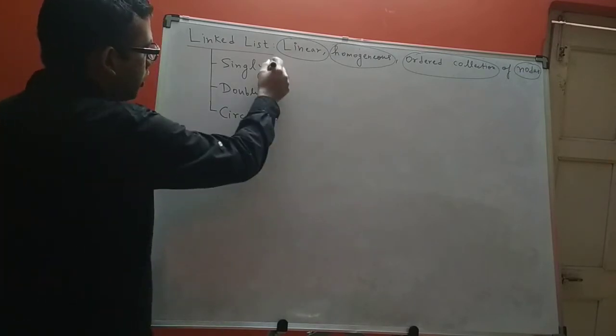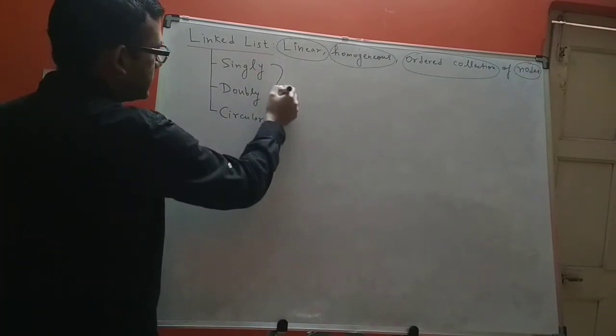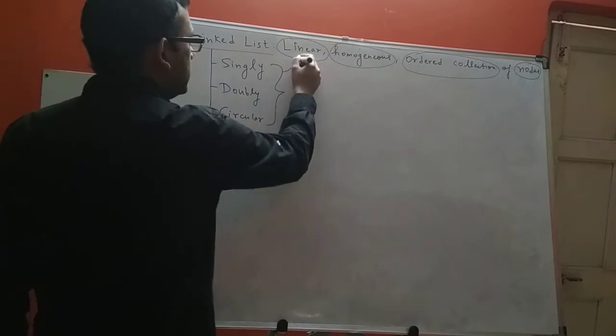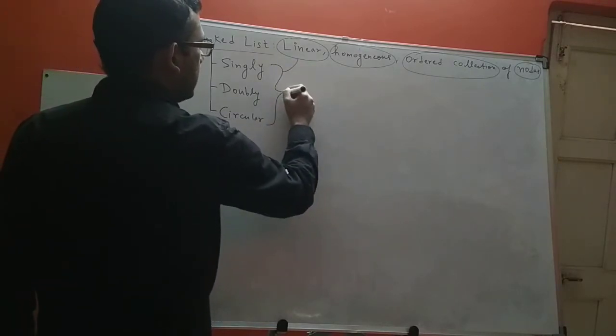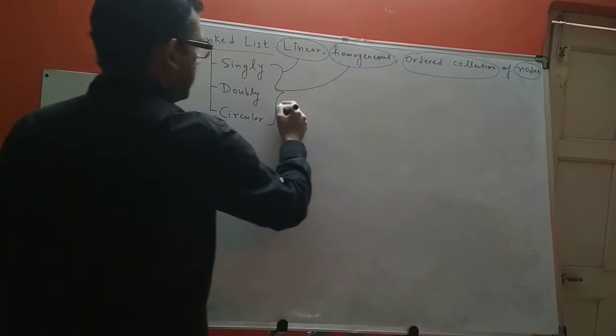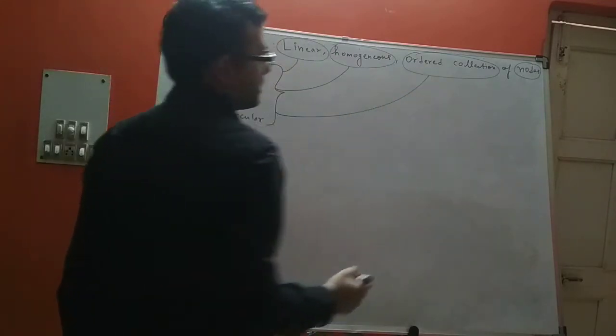Now all these three types are linear, homogeneous, and ordered collections.